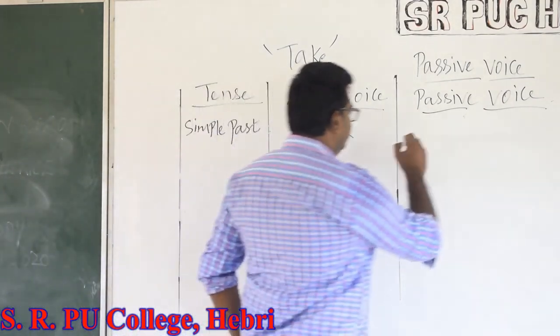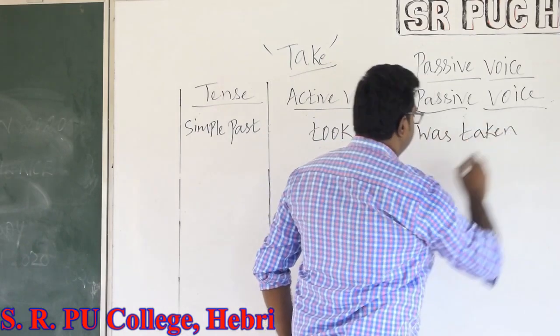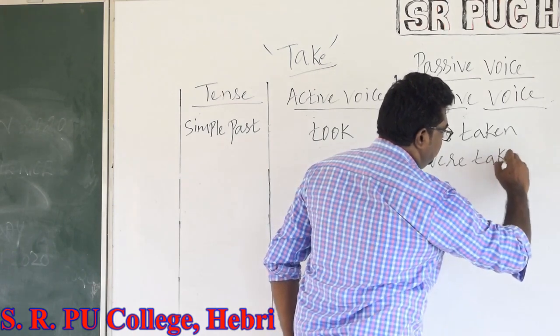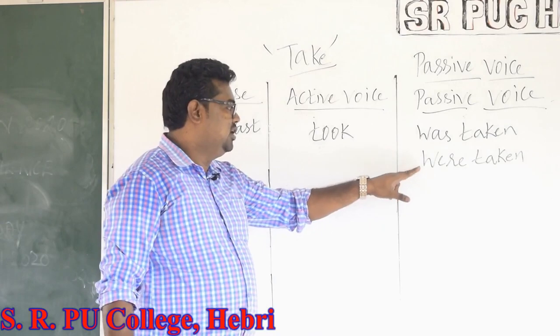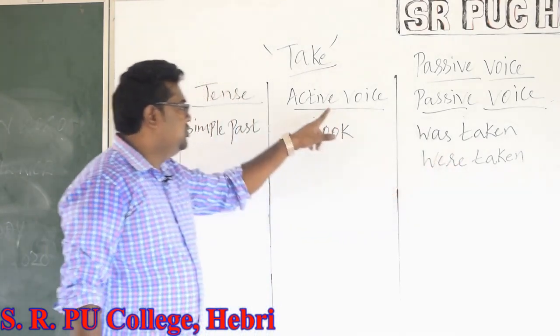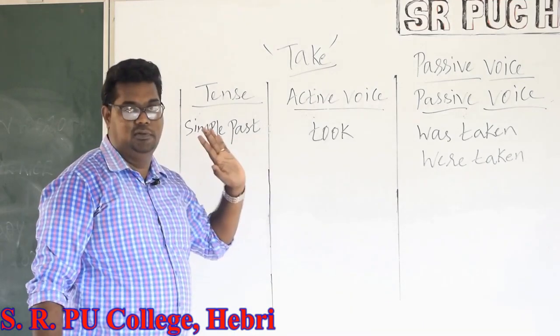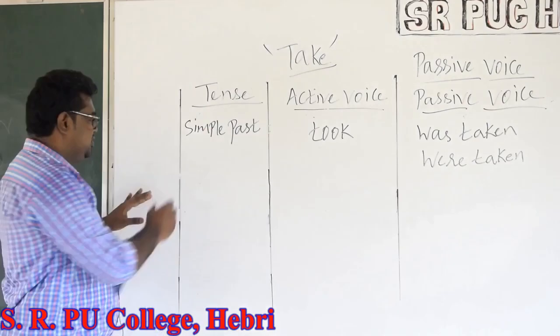The word took will become was taken or were taken based on the subject. If the subject is singular, was taken. If the subject is plural, were taken. But in active voice, whether the subject is singular or plural, it will have only one form, that is took.